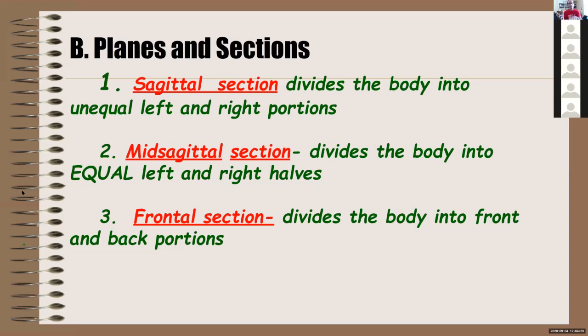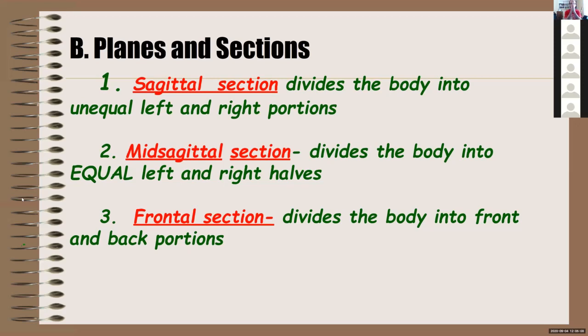So I'll have you orient the heart in a particular way, and I'll tell you to make a frontal section through that heart. And if you don't make that section correct, you're not going to have the correct insides when you open it up. You're going to want to have a clear front and a clear back from each other. So when that instruction is given, you want to make sure you know what I'm talking about. If I say make a frontal section, that's dividing the front and the back into two pieces.